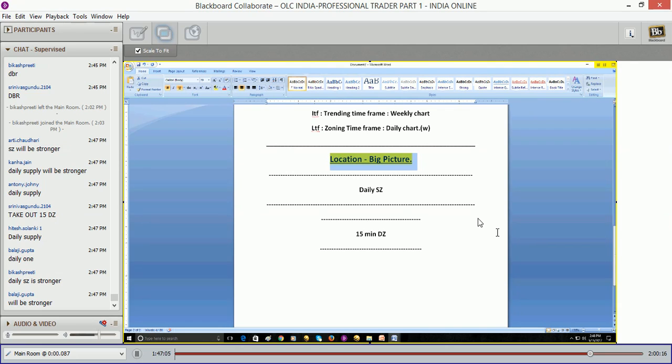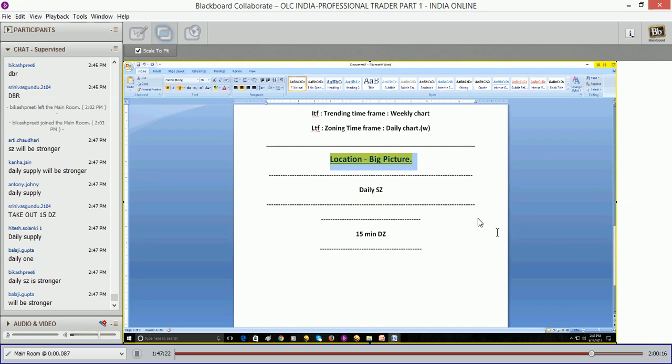Therefore, what am I trying to say with this? Isn't it very important or critical to find out where my larger time frame zones are while planning a trade?